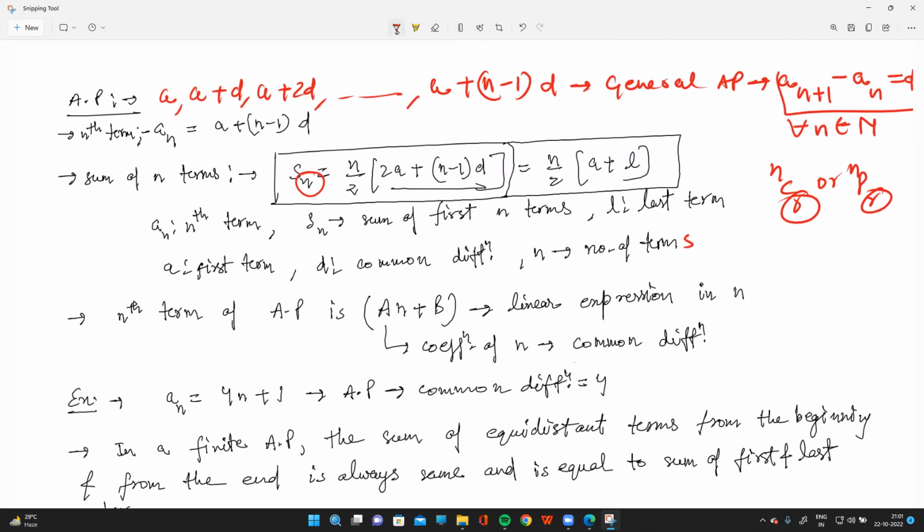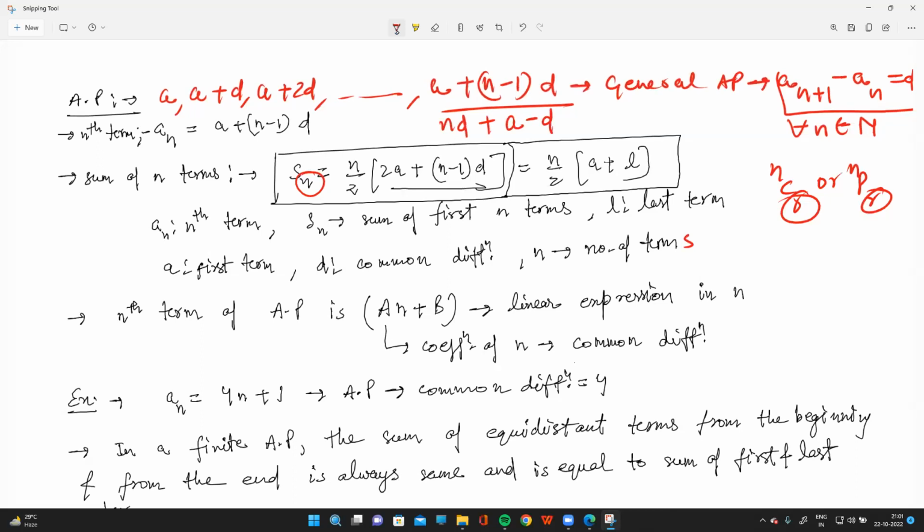You define that term by A plus N minus 1 into D. This is basically a linear expression in N. N is your variable. Now, why am I saying it linear? Because the highest power of N in this case is 1. So this is a linear expression in N. Also understand, if I solve this expression, this would become ND plus A minus D.